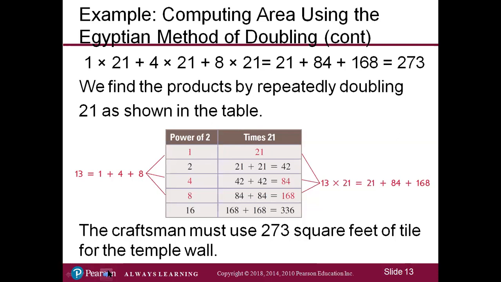And we need the products for 1, 4, and 8, because we have 1 times 21, 4 times 21, and 8 times 21. When we find this in the table, that is 21 plus 84 plus 168, which yields 273. Craftsman must use 273 square feet of tile for the temple wall.